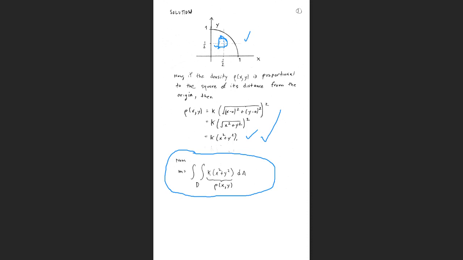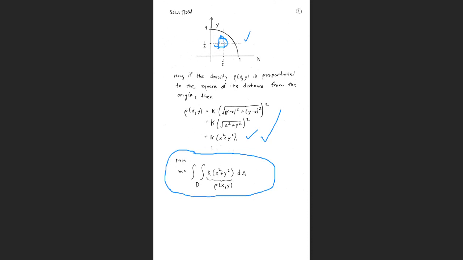A lot of times, probably in earlier classes, maybe even high school, you dealt with constant densities. But when the density is allowed to vary depending on what part of the lamina you're located on, that's more realistic, because it allows for more possibilities.